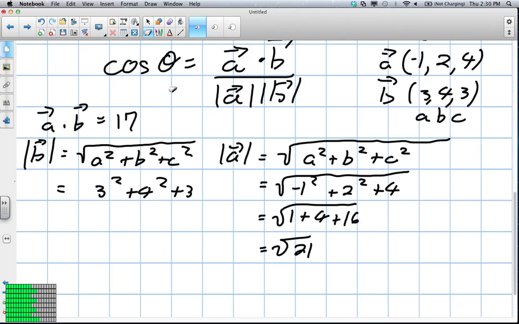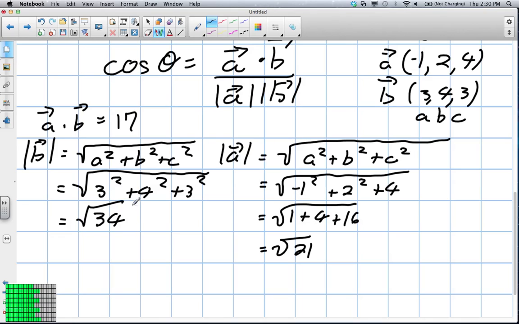That gives us 18 and 16, 34. Root 34. So, when solving our angle, we go back to our original formula.